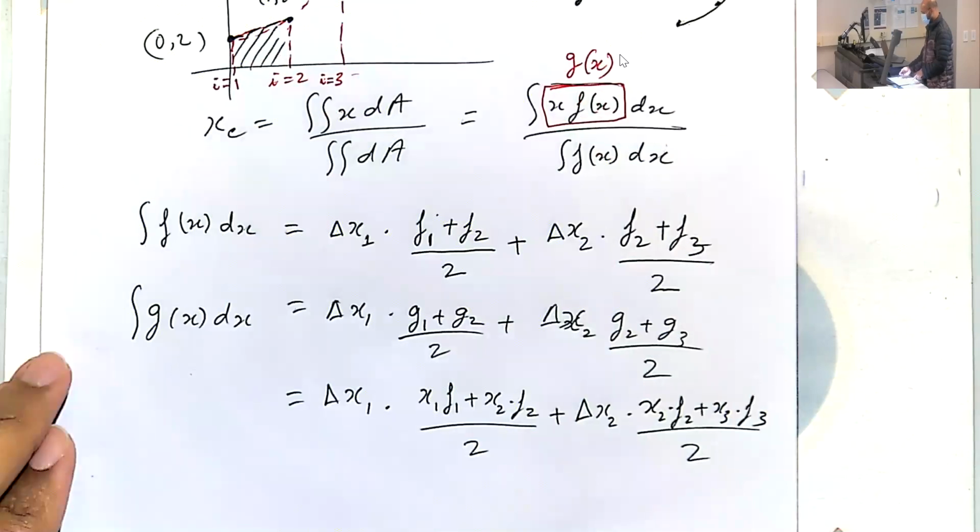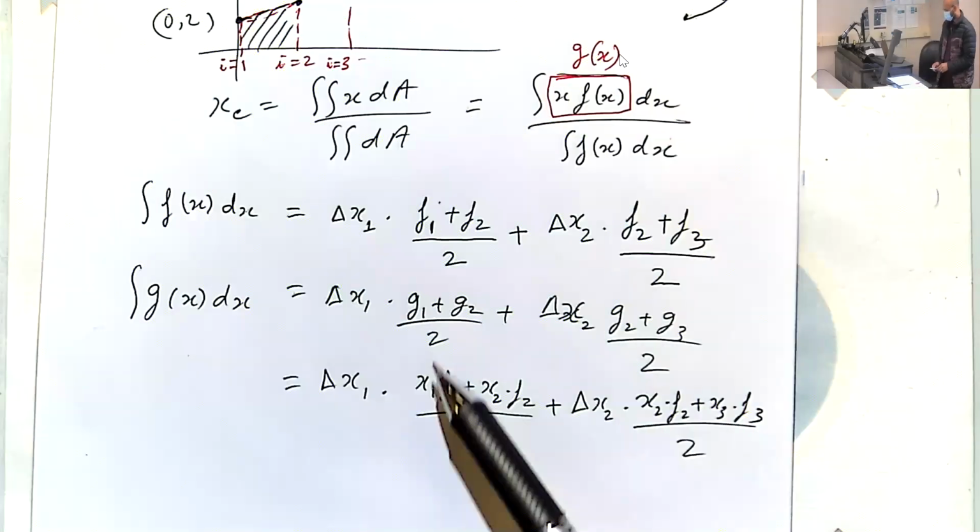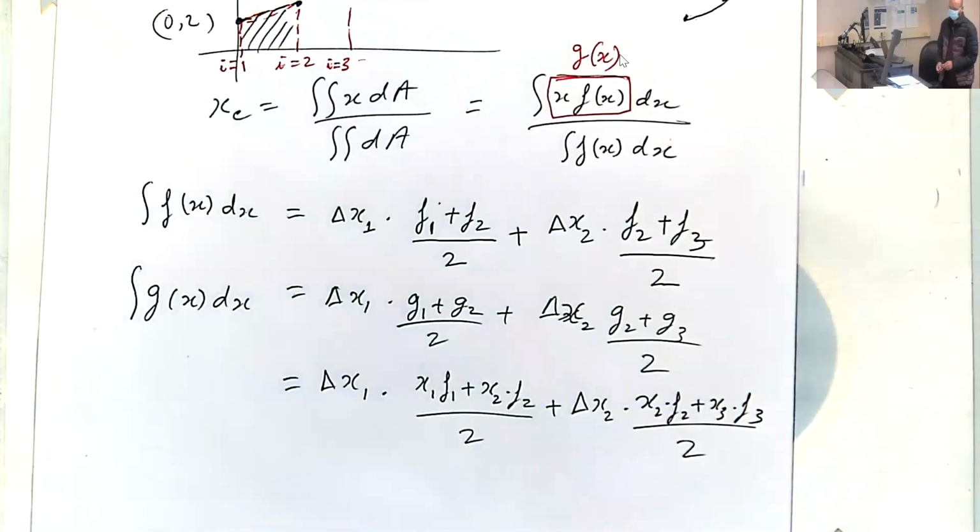G is what you said G should be. G is x times f. So we do G with x times f. Is that okay?